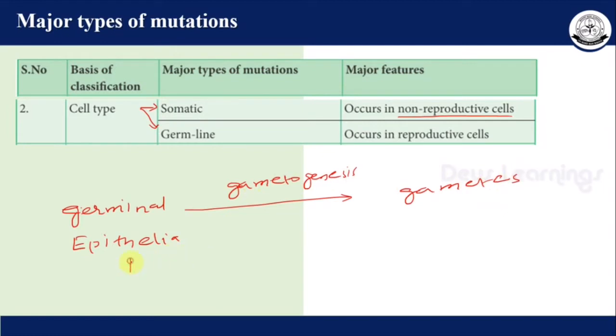So if some mutation happens there, the gametes will be mutant gametes, right? And the progeny produced from the mutant gametes will be mutants.